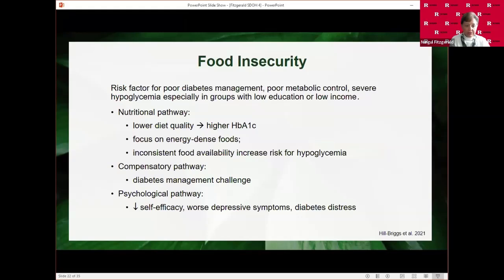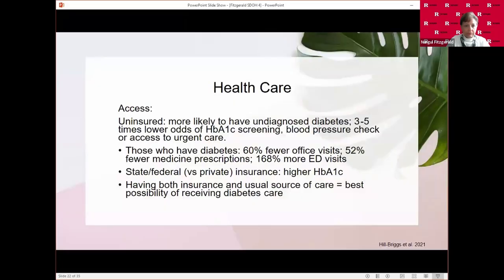And there's also a psychosocial pathway, leading to decreases in self-efficacy and depressive symptoms and diabetes distress. This can also have physiological and social outcomes, unintended or negative results.